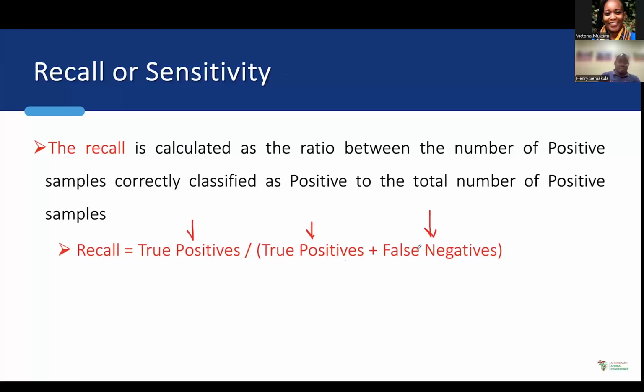So they are positive. So recall, which we call sensitivity, is a ratio of positive samples classified collectively against the total number of positive samples that you have. It's given by the formula true positives divided by the summation of true positives and false negatives.